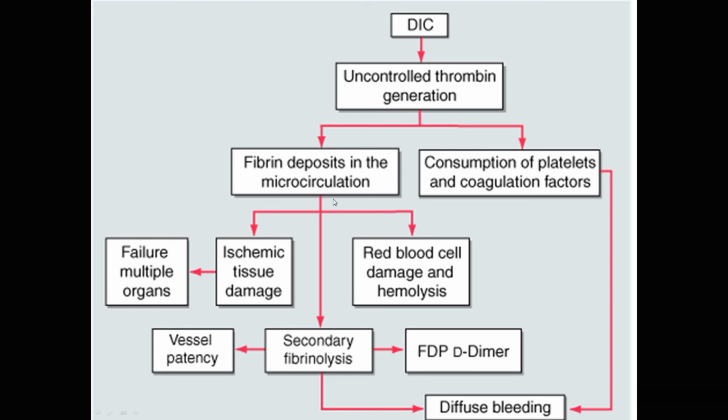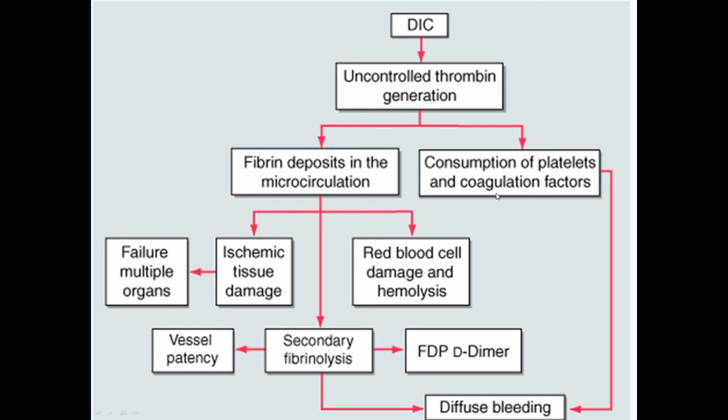But fibrin deposition in the microcirculation will cause obstruction of small vessels, and thus they will cause local ischemia with tissue damage up to necrosis and causing multiple organ failure. Even microinfarctions may be observed, especially in kidneys, lungs, brain, and adrenals.